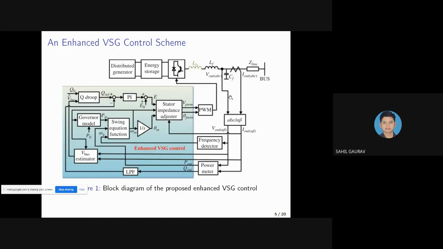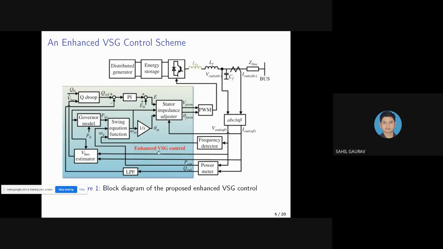So what we do, first, is sense the output voltage and current and convert them into the alpha beta reference frame. The power meter, based on the measured output voltage and current in the alpha beta frame, calculates output active power and reactive power.